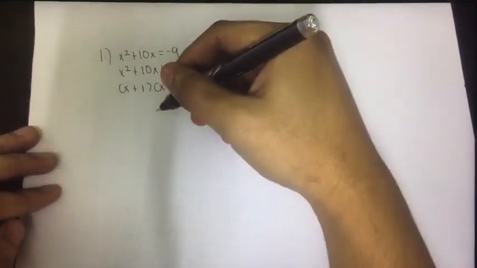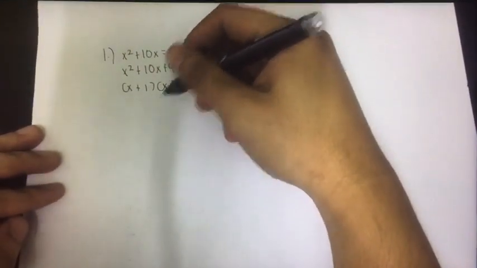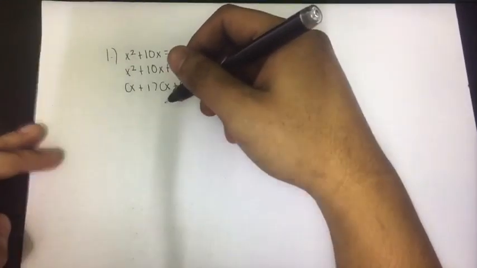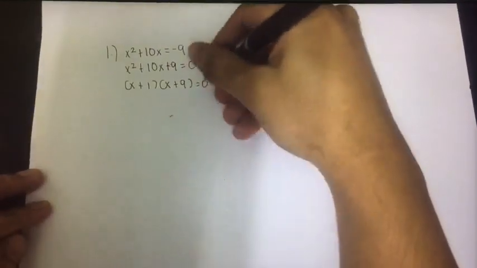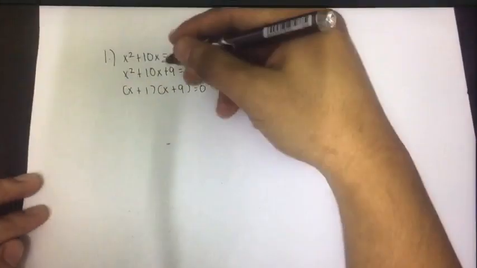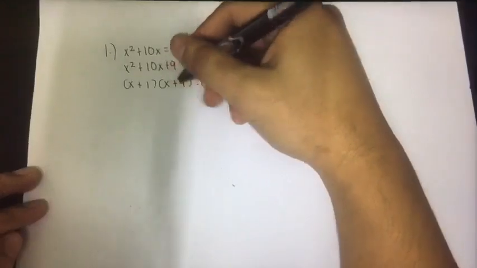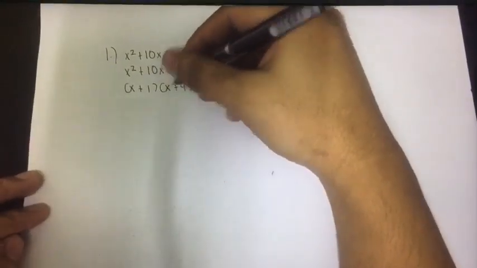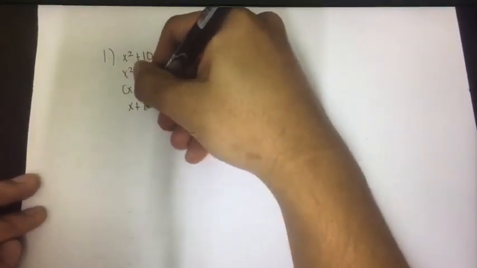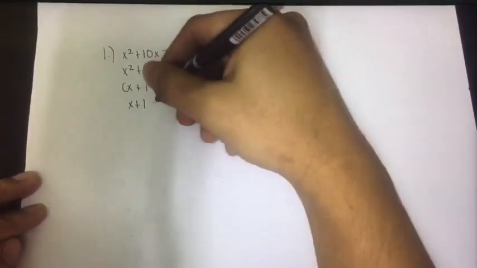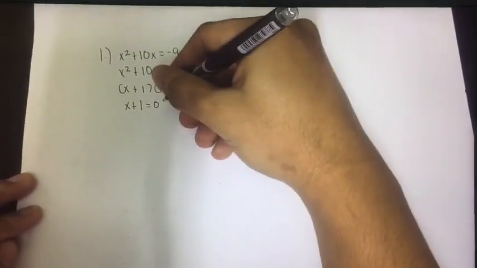Now, we apply the zero product property by equating the 2 factors to 0. So let's separate them now. To do that, x plus 1 equals 0.